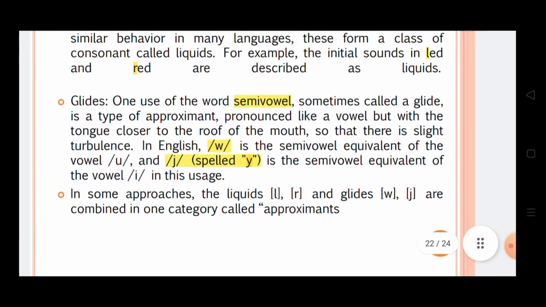And glides, which are sometimes also referred to as semivowels. It's a type of approximant produced like a vowel but with the tongue closer to the roof of the mouth, so that there is a slight turbulence. In English we have two glides, that is w and y.